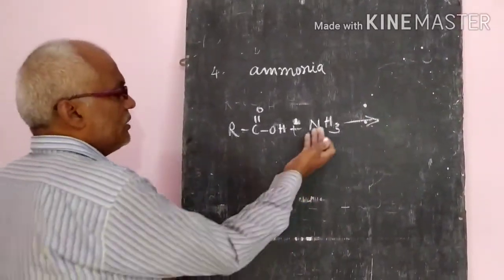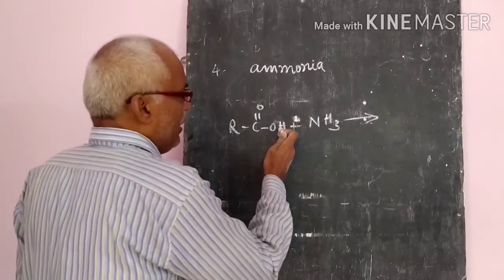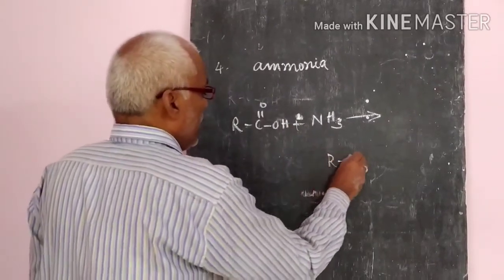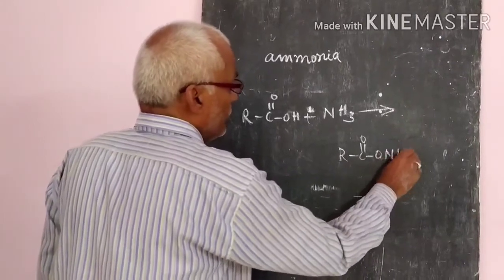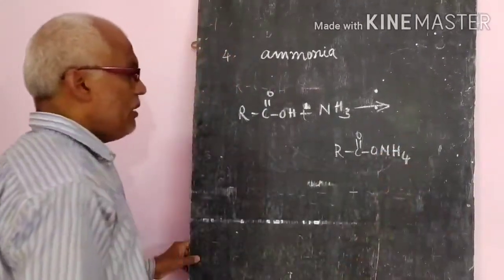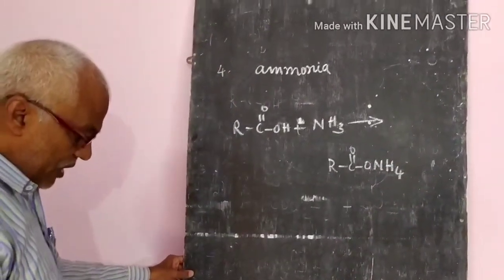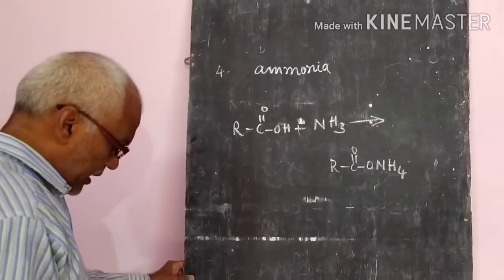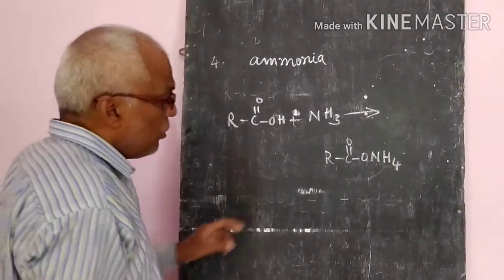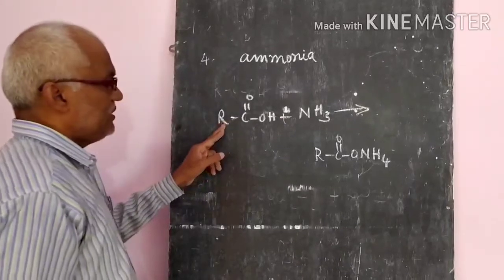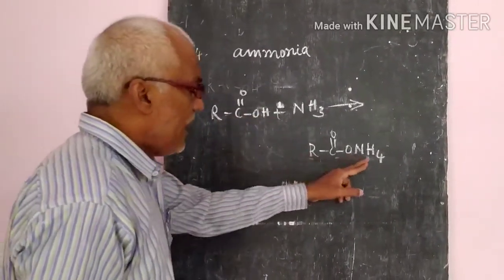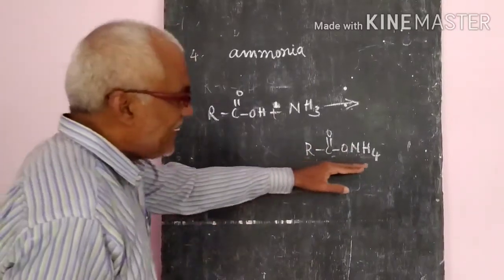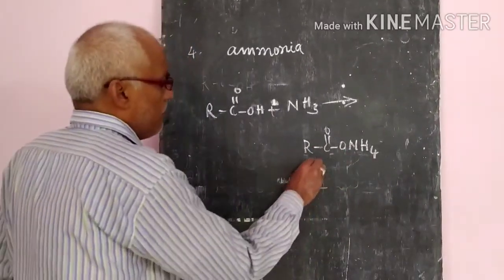Generally the ammonia adds hydrogen and forms RC double bond O, O NH4, an ammonium salt. Suppose it is acetic acid, CH3 C double bond OH. You get ammonium acetate. We say an ammonium compound will be formed.